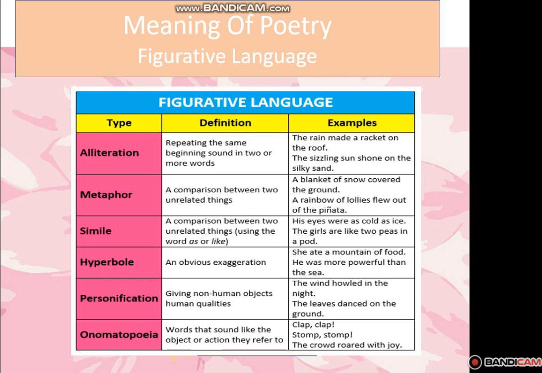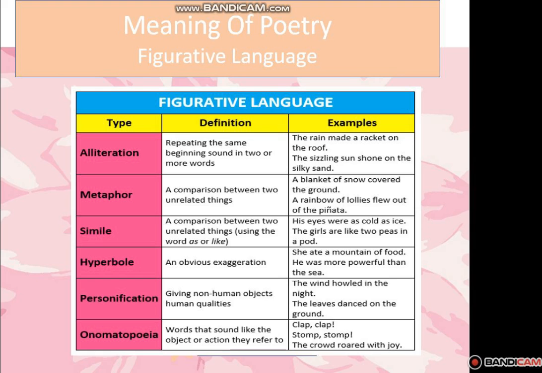Okay, and next, personification. Personification is giving human qualities to non-human objects, like the wind howls in the night. The leaves dance on the ground because the wind blows so fast and makes the leaves dance on the ground. Maybe at night the wind was so hard that it made the branches, the leaves, and the tree move around. And the speaker said the leaves dance on the ground.